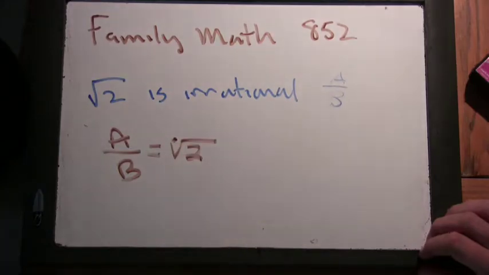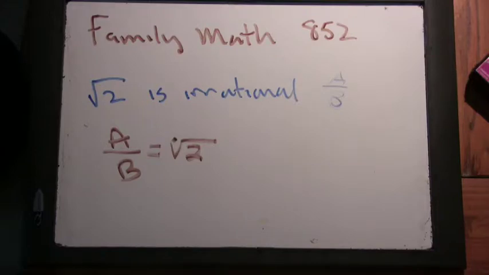And what does that actually mean, that A over B equals the square root of 2? Does that tell us a property that A and B have? Or how about this: what property does the square root of 2 have?